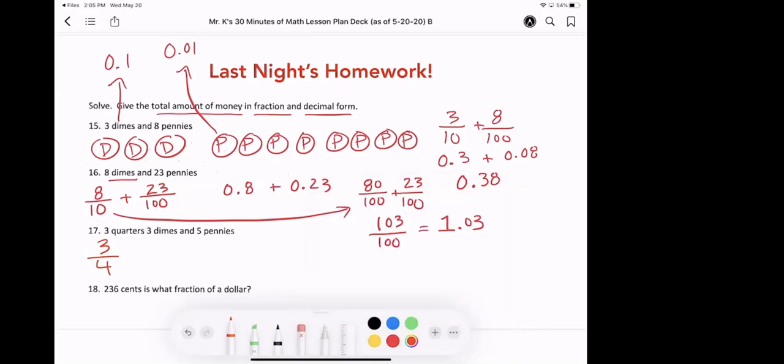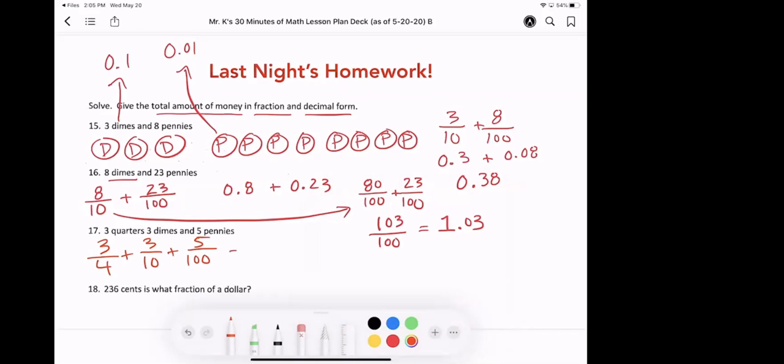3 dimes, we know a dime is 1/10, and 5 pennies, we know a penny is 1/100th. So 3/4 plus 3/10 plus 5/100ths. Let's turn all of these into hundredths.